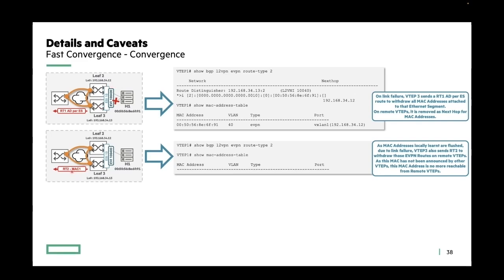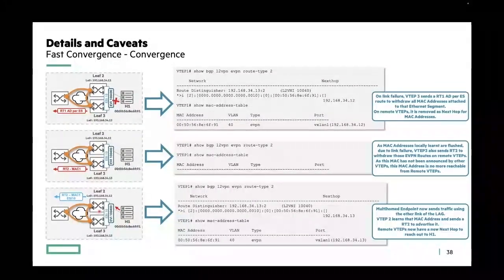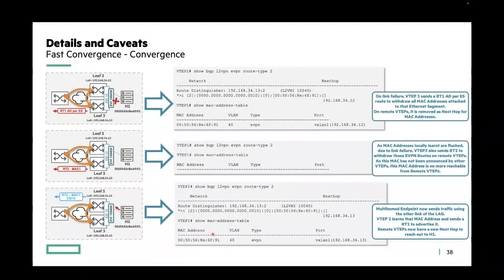So now that the RT2 withdrawal has been processed by the remote VTEP, we don't have the MAC in the MAC table anymore. So now this MAC address is no more reachable from the remote VTEP. But thanks to the LAG and LACP, host H1 now sends traffic through VTEP 2. VTEP 2 then dynamically learns the MAC address and advertises it using a new RT2, and the remote VTEP can now reach H1 because we have a new RT2 and the MAC address is installed in the MAC table.